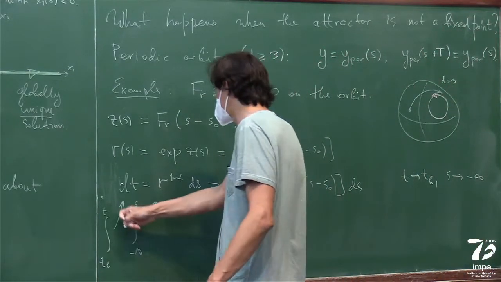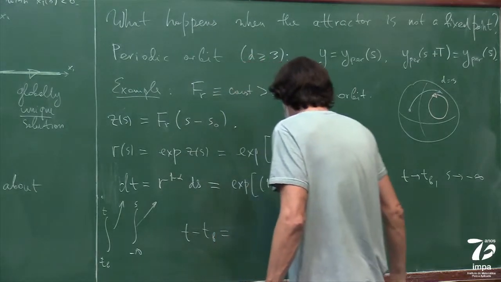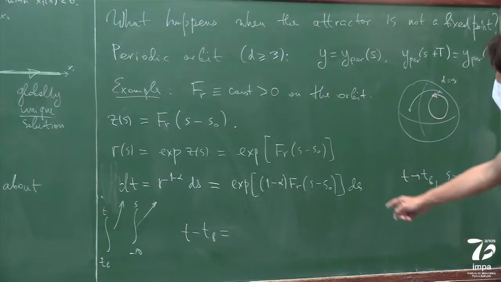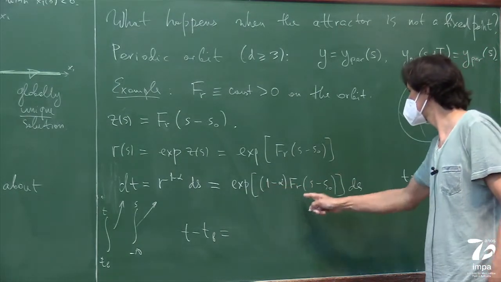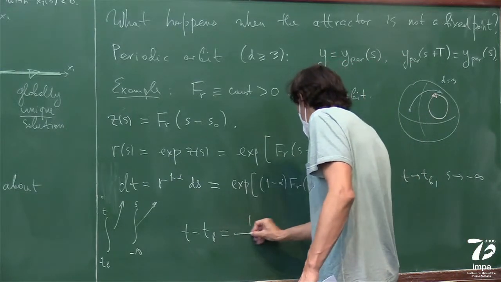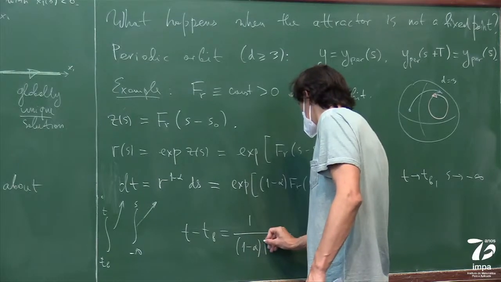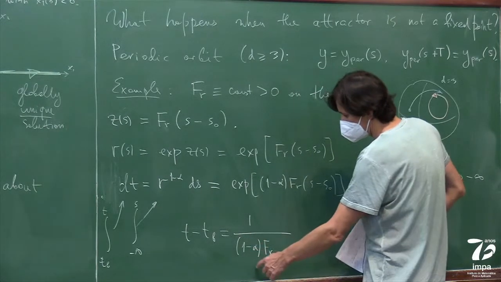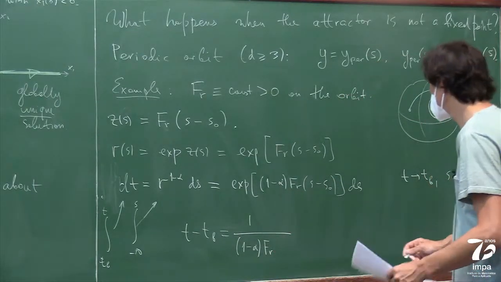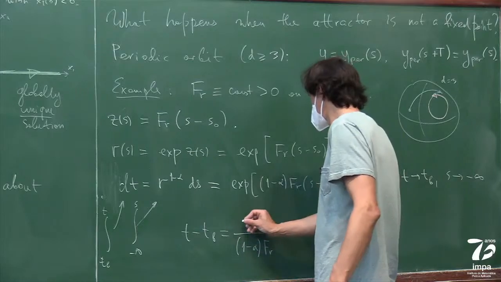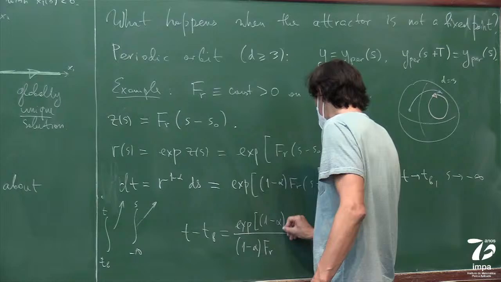On the left-hand side, you will get t minus t_B. On the right-hand side, you put this coefficient in front, and this coefficient is positive, so the exponent at minus infinity becomes 0, which means you can just write the exponent with minus alpha.